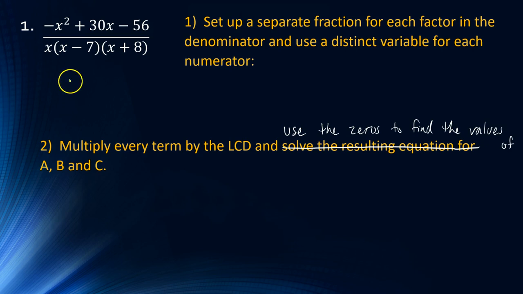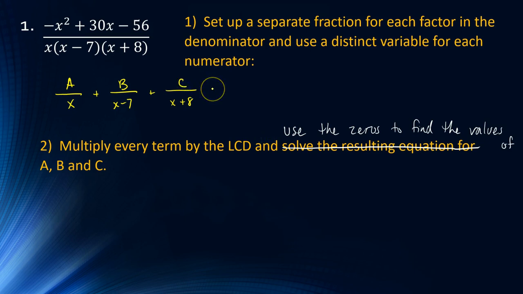So let's start with the first factor in the denominator, which is x. So our first fraction would be A over x. Now we're going to have a different, distinct numerator, so we'll give this the numerator B. And then the next factor we have in the denominator is x minus 7. And then the next factor in the denominator is x plus 8.